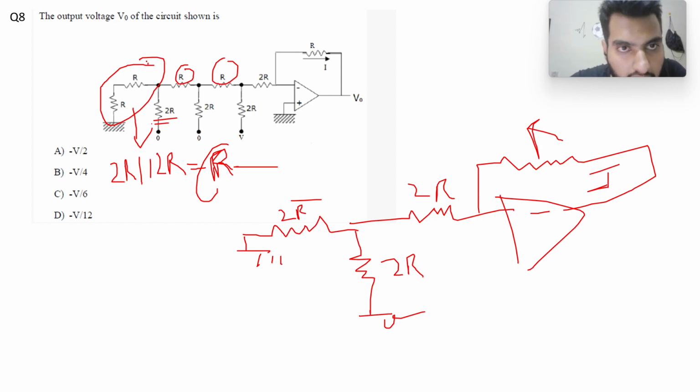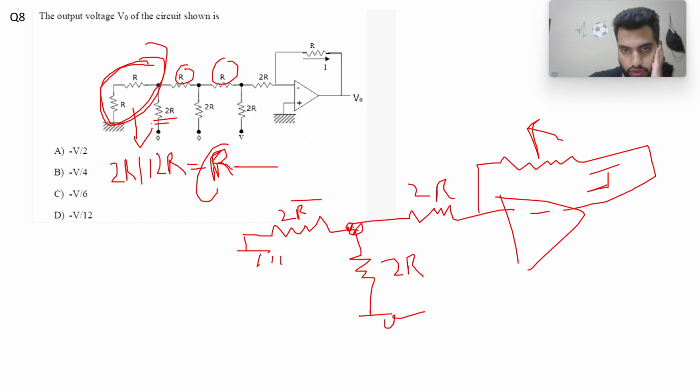R and R are in series, this is 2R, then 2R and 2R are in parallel, that is R. Then R and R are in series, so 2R again, 2R and 2R are in parallel again, so it means R. R and R are in series, so 2R, then the final network is this.